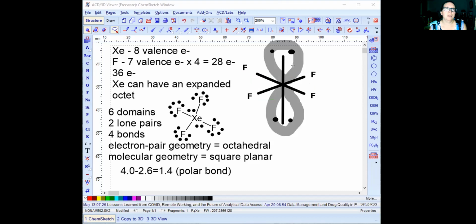And the 2 lone pairs would be as far apart as they could be from each other, which would be 180 degrees. So the question in the lab manual was asking, if this is a nonpolar molecule, what is the shape of the molecule, and explain. So what I would write for that would be, this is octahedral electron pair geometry, square planar molecular geometry.